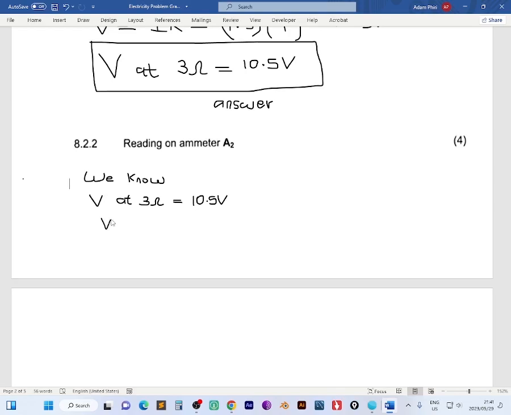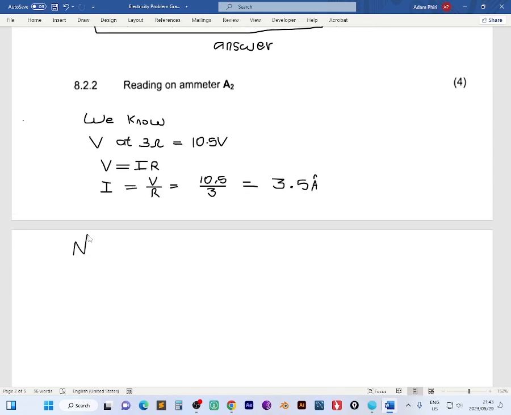We also know that potential difference is current times resistance, so current is going to be potential difference divided by R. That is 10.5 divided by 3, giving you 3.5. So the current passing through there is 3.5 ampere.